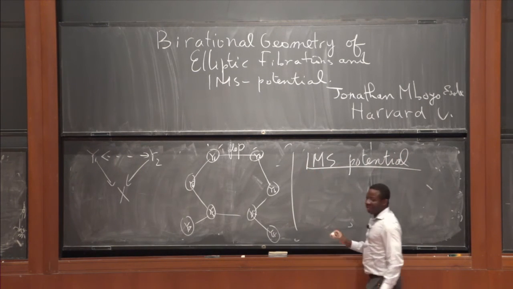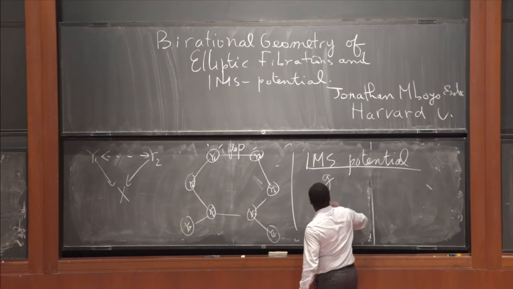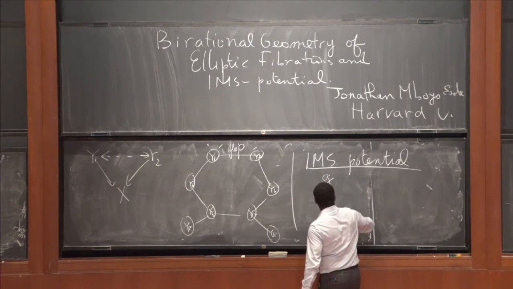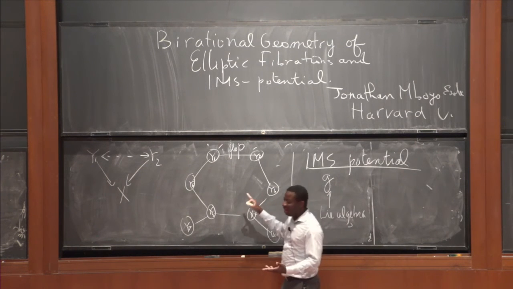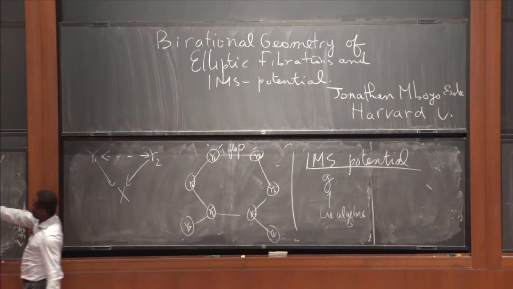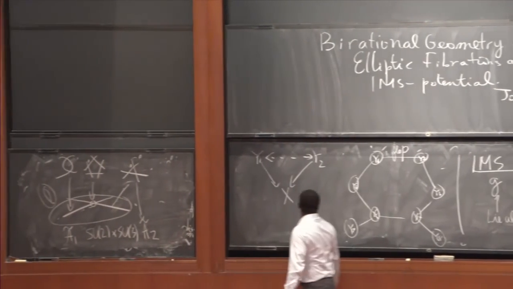The data that characterize that function is the following. You need to give, let's say, a Lie algebra. And you're not surprised to see a Lie algebra appearing because in our case, we have this diagram that can be associated to a Lie algebra.